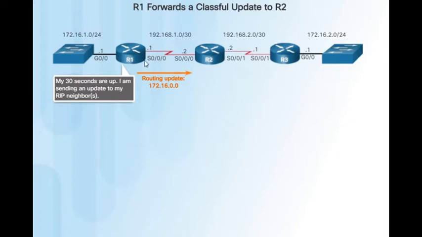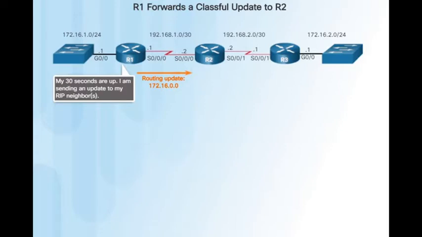So let's assume that all these routers are running RIP. RIP is a classful type of routing protocol. So again, classful doesn't include subnet mask information in the routing update. We're going to see the negative impact of that using this sample topology.